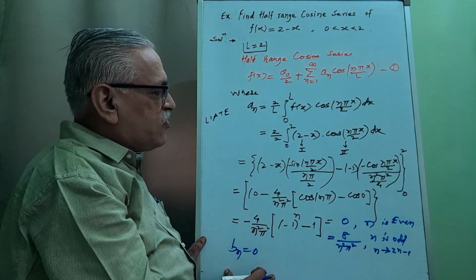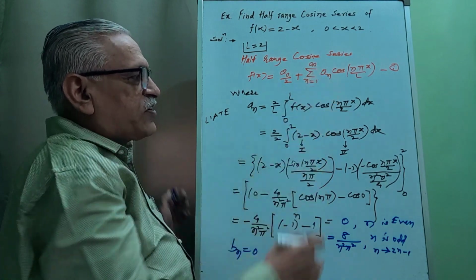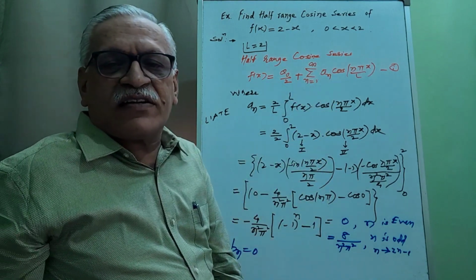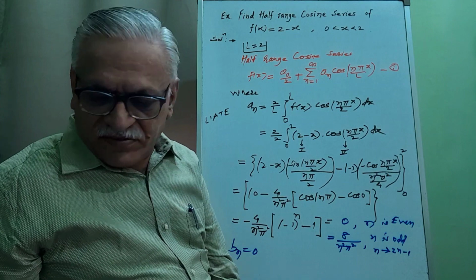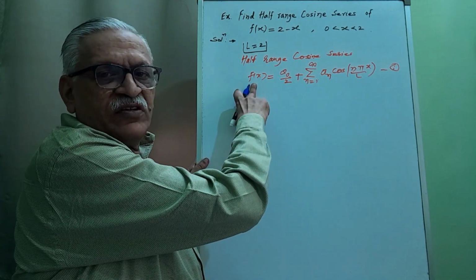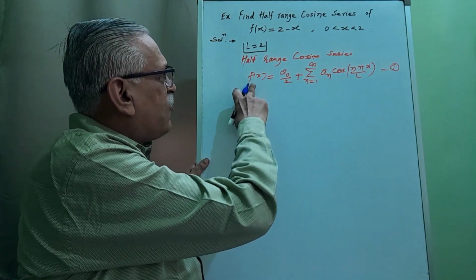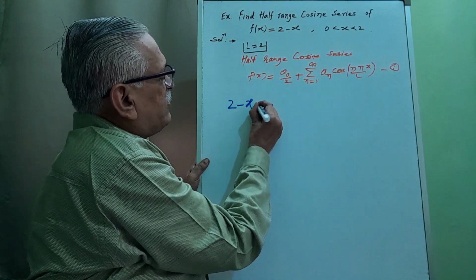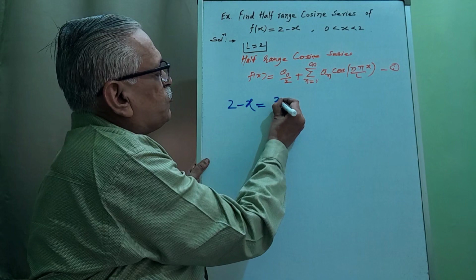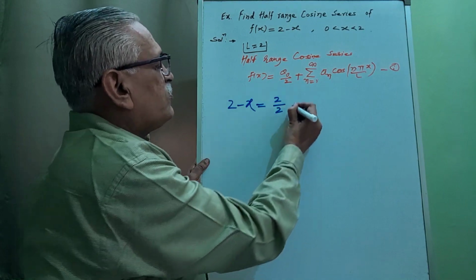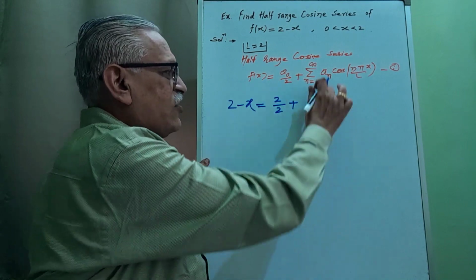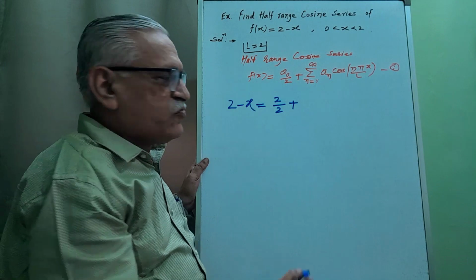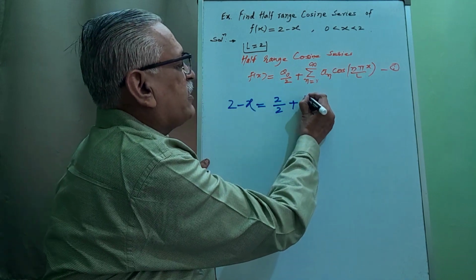Therefore, substituting all these values in equation 1, on the left hand side f of x is 2 minus x, so the Fourier series is a0 by 2, which is 2 divided by 2, plus summation of an, which is 8 divided by n square pi square for odd n.